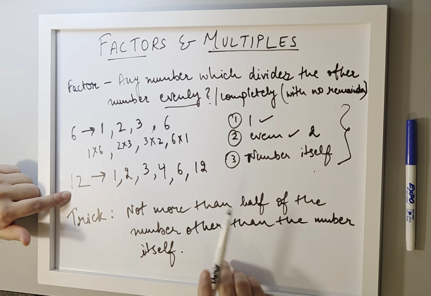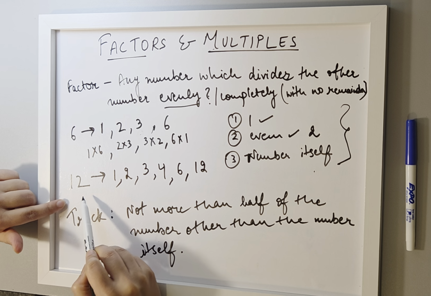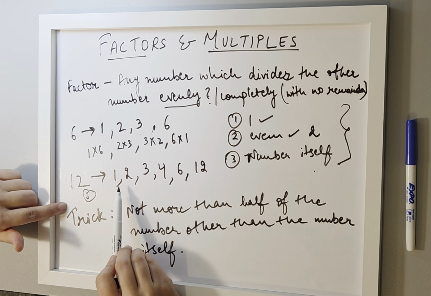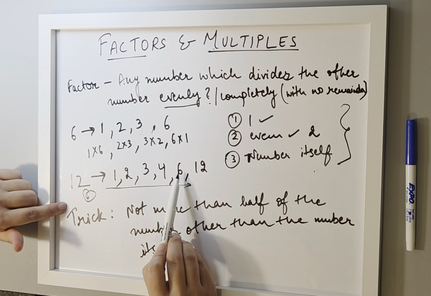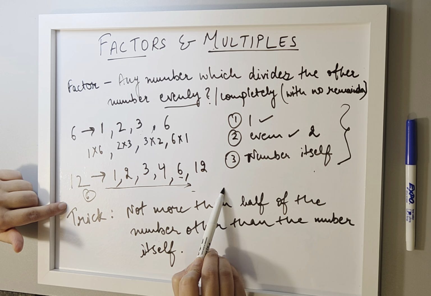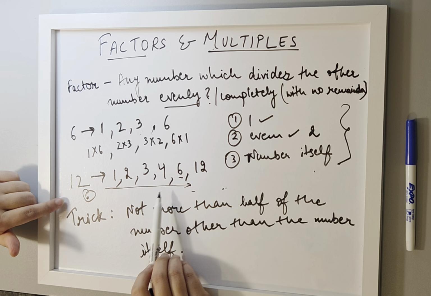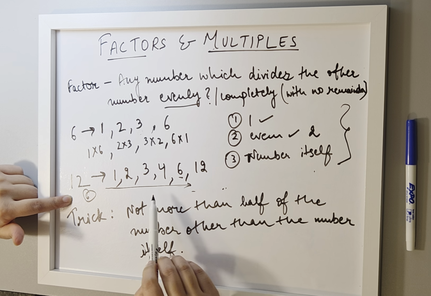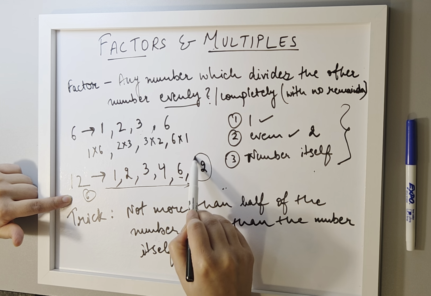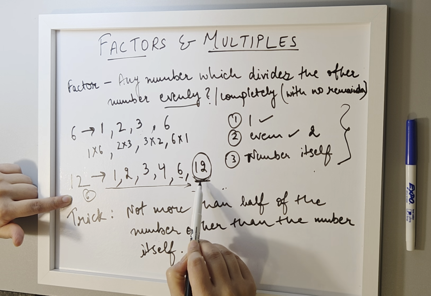If you see here also, half of 12 is what? 6, right? The maximum value of the factor is only coming till 6. All the numbers after 6 will not be a factor of 12, and don't forget to always add the number itself to the end of the list.